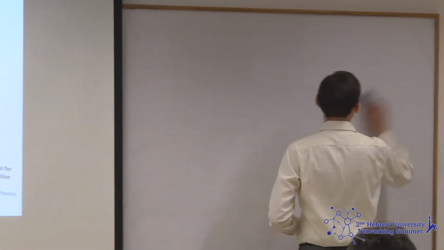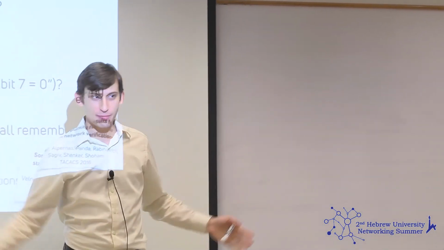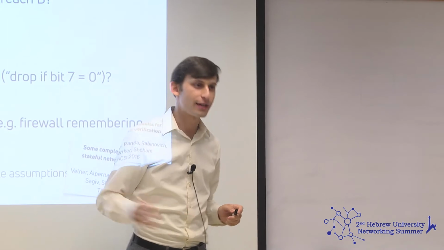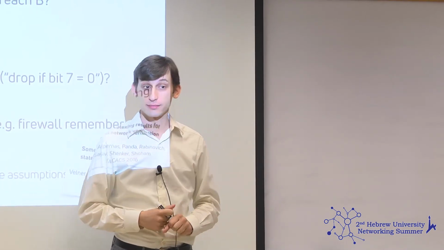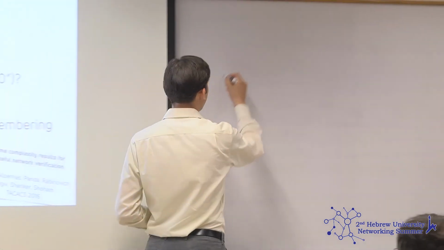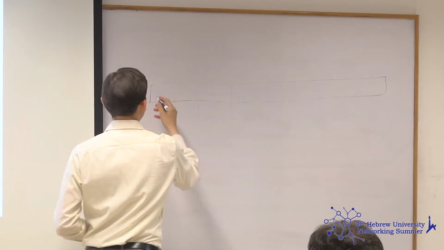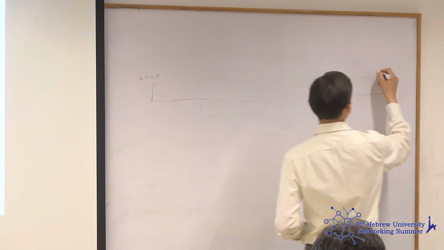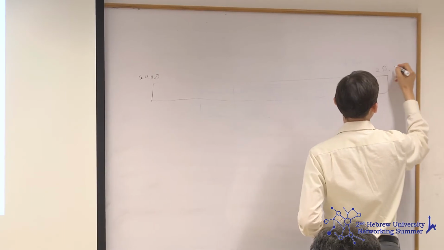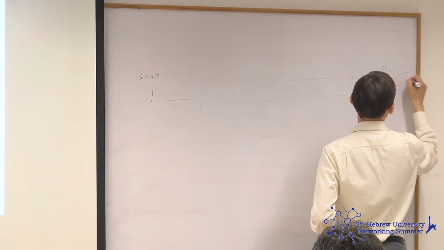Imagine that I collect all of the IP forwarding rules from the entire network. I'm just going to put them in a big bag. And this is my IP address space. So this is 0.0.0.0, and up here is 255.255.255.255.